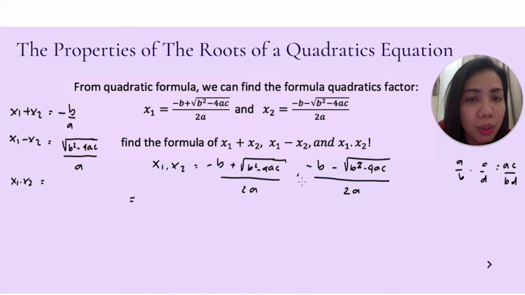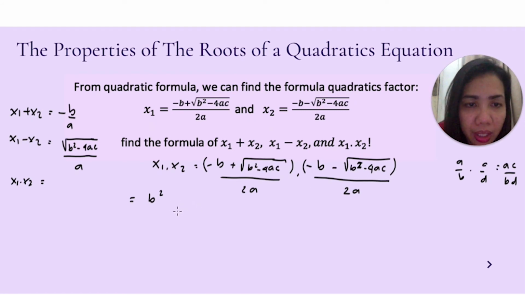So minus b with minus b, because we have two elements here and two elements here, so we have like 4 multiplications. Minus b with minus b is b squared, and then minus b with the square root of this thing.